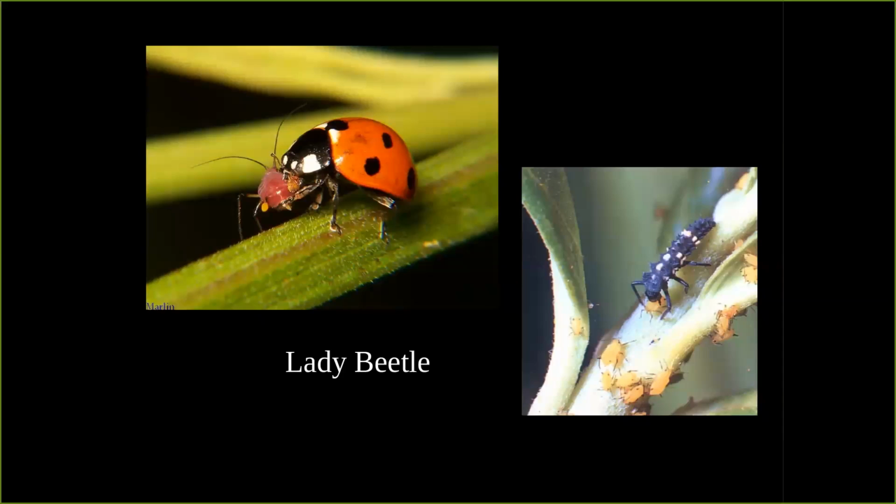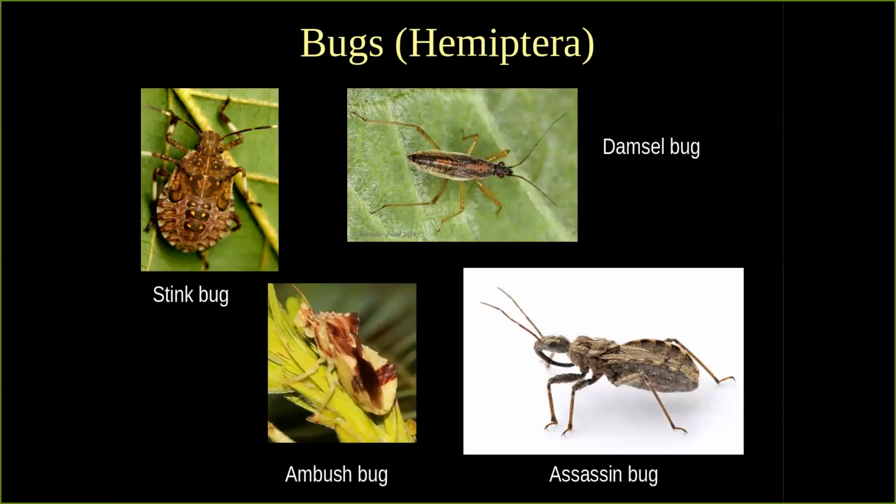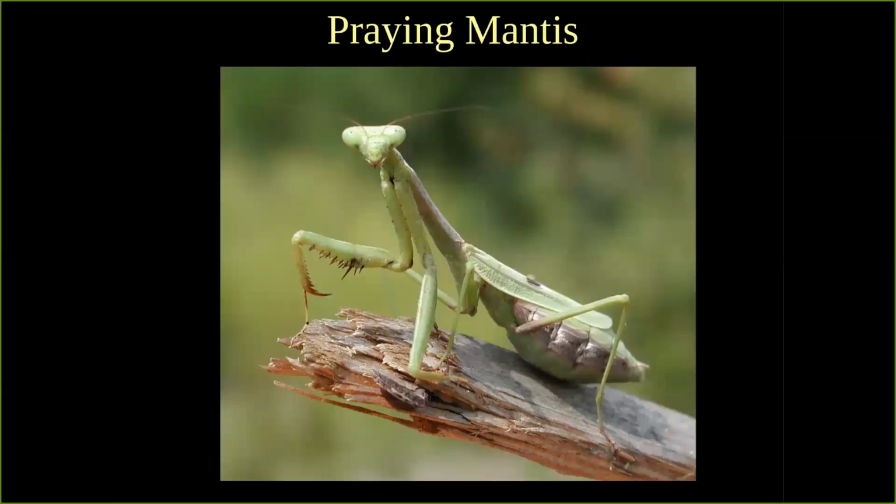So if you don't know what an insect is doing, don't assume that it's bad. It usually is good. And all kinds of bugs will grab another insect and suck its innards out. So assume that it's a good bug if you find it.